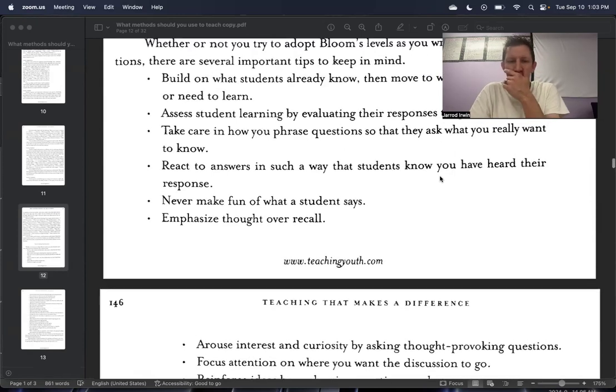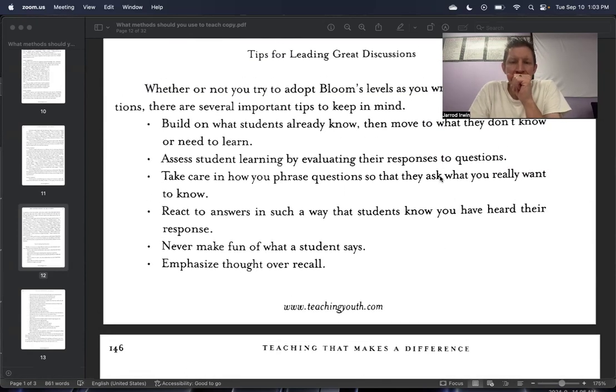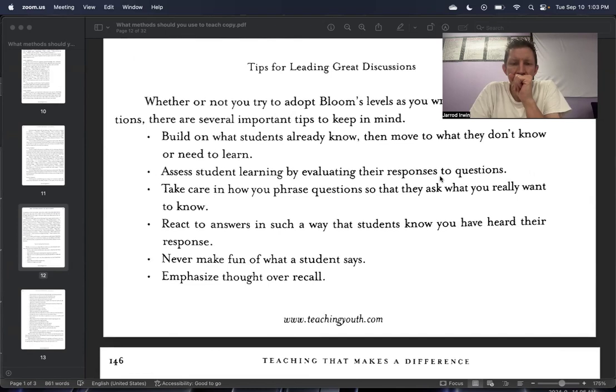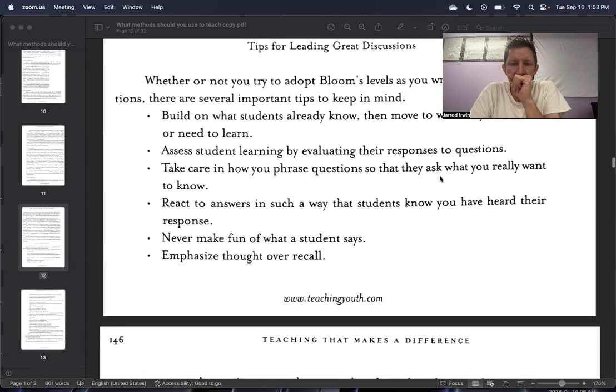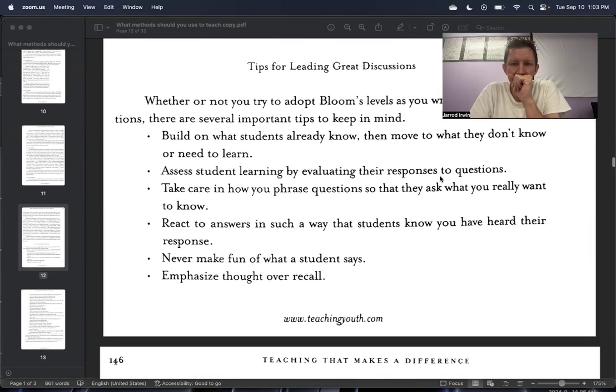And I think the second one is like a double figure because there's even a biblical principle: out of the abundance of the heart, the mouth will speak. What you take in will come out. That certainly would be an example of that. The one about assess student learning? Yeah.